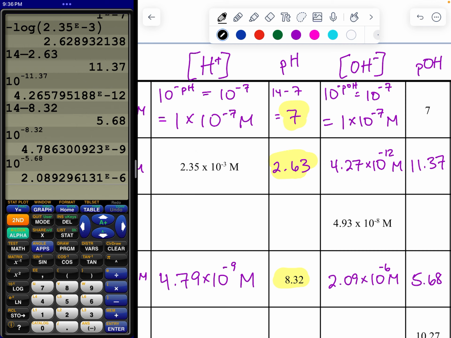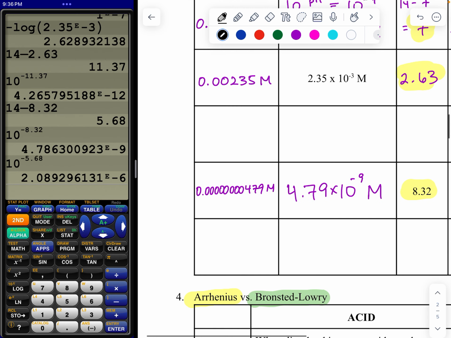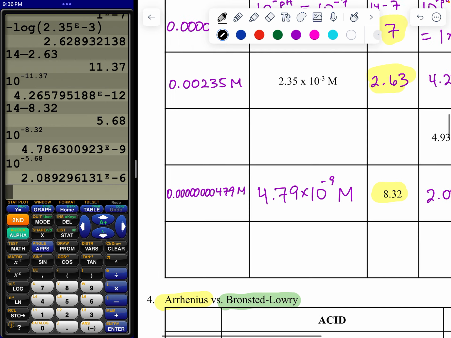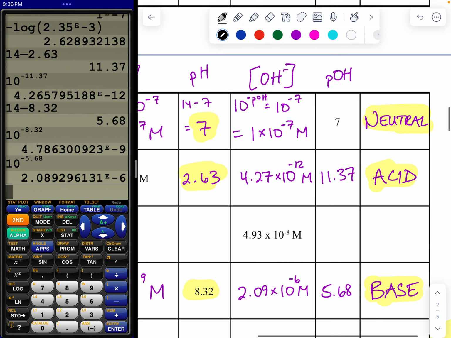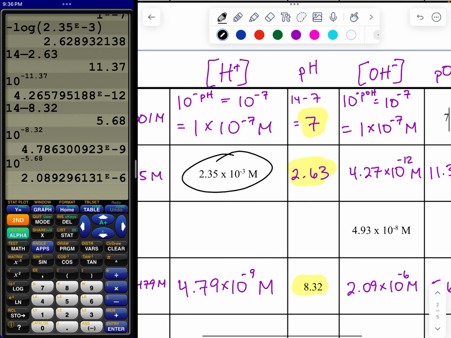Hydrogen versus hydroxide. But this negative 12, that is a really, really small number. Look at how small negative 9 was. To the negative 9th, that's a very low number. So it only makes sense that we don't have a lot of OH ions in this solution because it's an acid. And we have much more hydrogen in here, right?